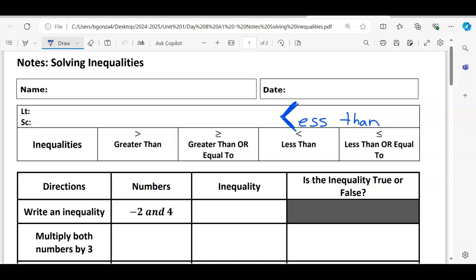Left pointing is less than, right? And maybe you've heard this before, middle school or something, but it's pointing to the smaller one, it's opening up to the bigger one. Some people talk about Pac-Man, alligator mouth, eating the bigger number. That's fine. But you got to know how to say the symbol. So if it looks like an L pointing to the left, that's a less than sign.